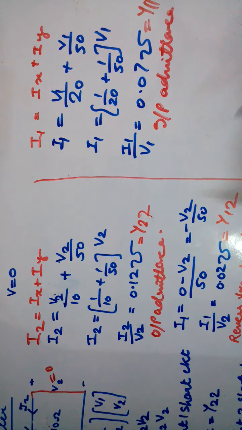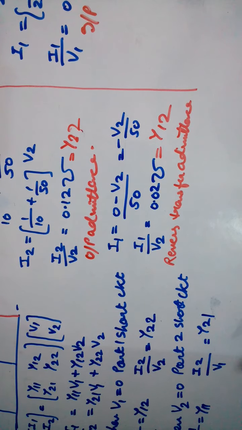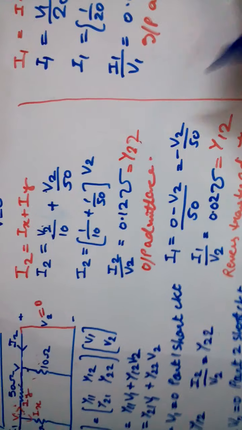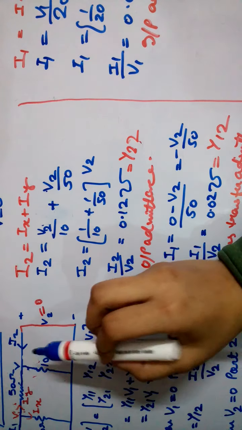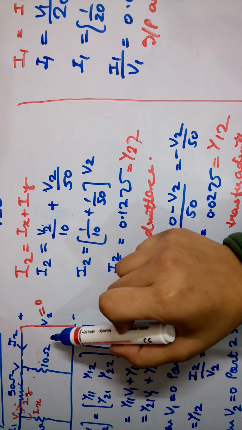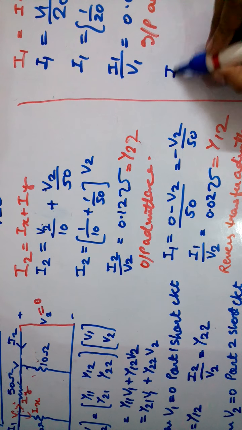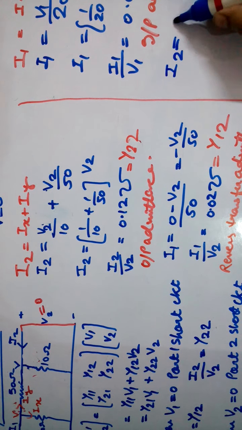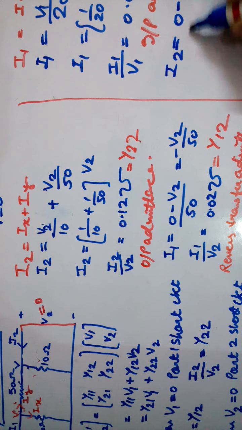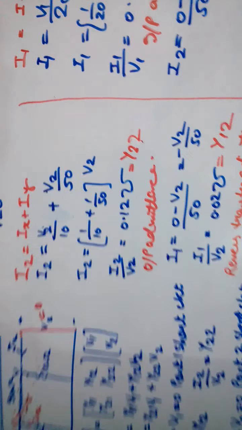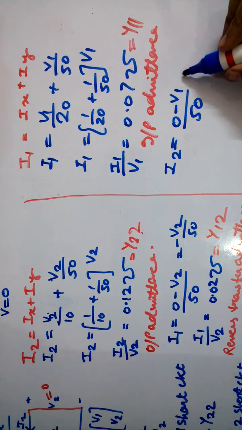Now let's calculate Y21, which is I2 upon V1. So now we need to find I2. I2 is going from V2 to V1 and V2 is 0, so I2 equals 0 minus V1 upon 50.